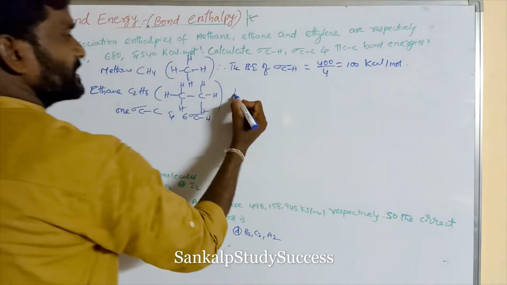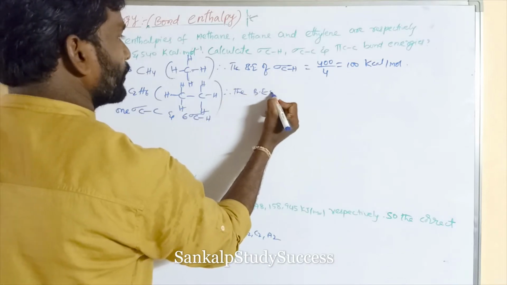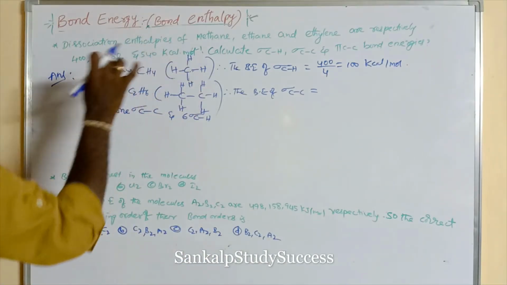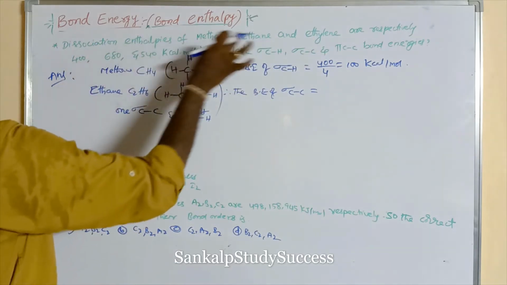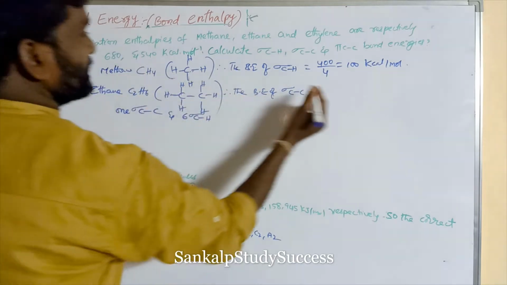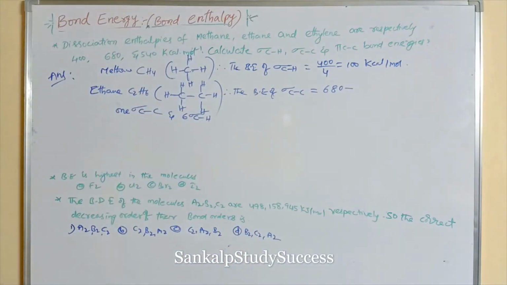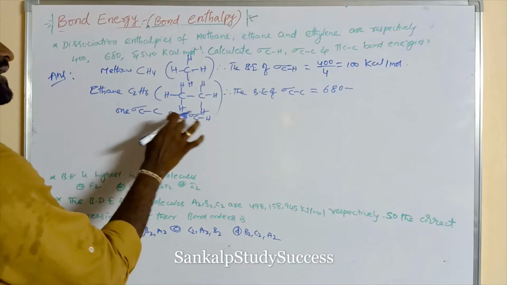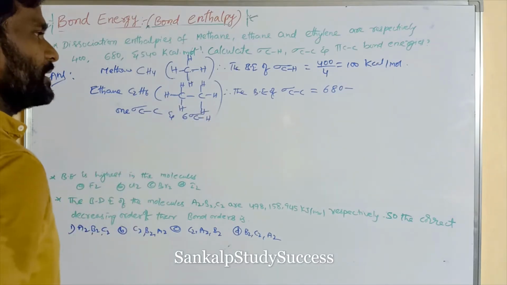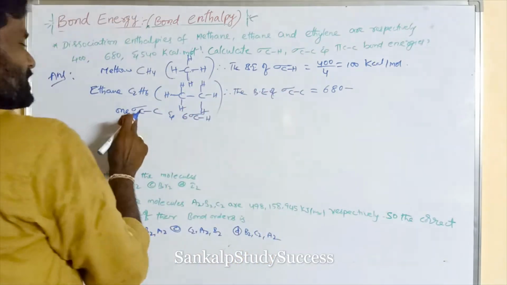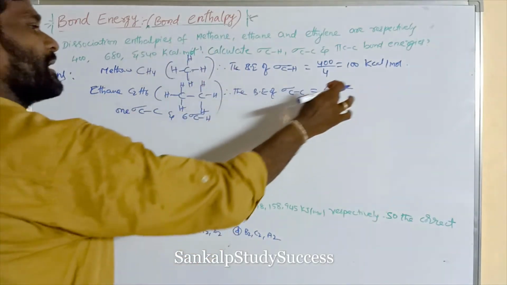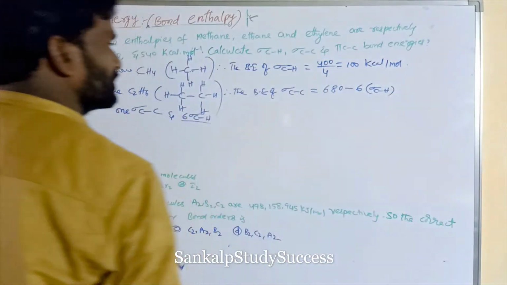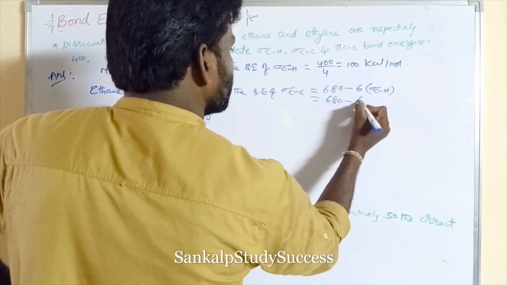Therefore, the bond energy of sigma C-C is equal to the total bond energy of ethane, which is the total dissociation enthalpy of ethane, 680, minus the contribution of the 6 sigma C-H bonds, since the molecule contains 1 sigma C-C and 6 sigma C-H bonds. So the bond energy of 1 sigma C-C is the total bond energy minus 6 into sigma C-H.